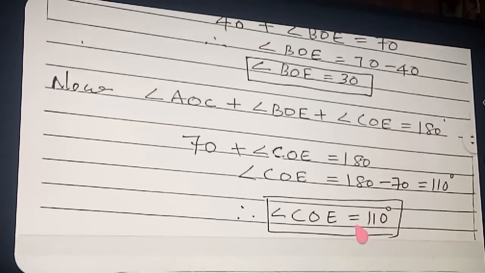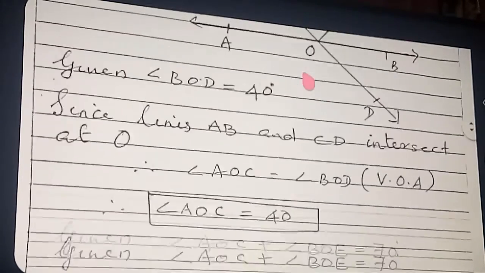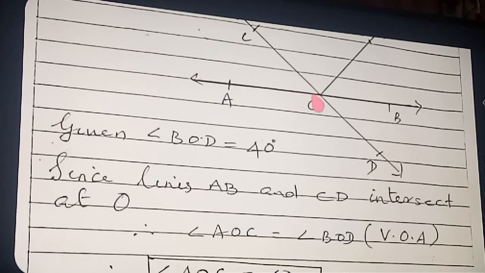After getting angle COE, what do you want to find? You want to find the reflex angle. See the diagram upside once more. The reflex angle means which angle? This angle, from here to here. This is the reflex angle. See the marking properly. The teacher is showing with a pointer.